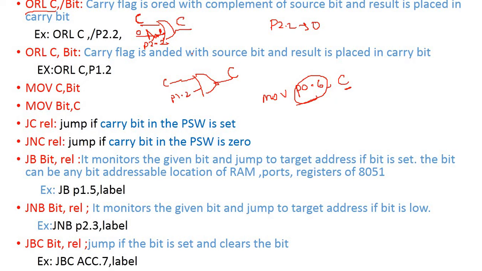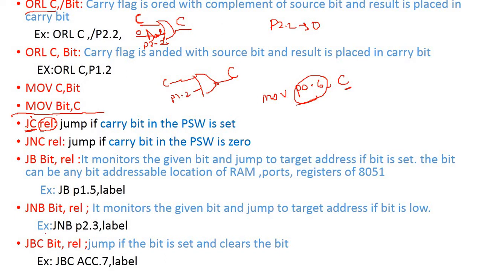Okay. So whatever we have studied till now will not change the control of the processor, but these instructions will change the processor direction. Is it clear? For example, that is JC, and this relative is an address, meaning where it should go if the condition is satisfied.